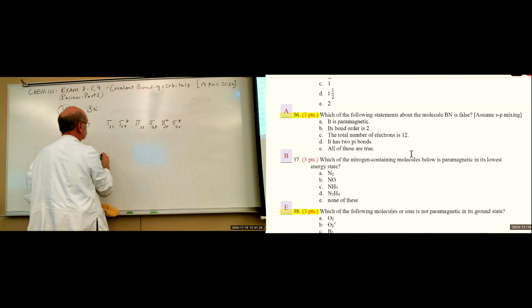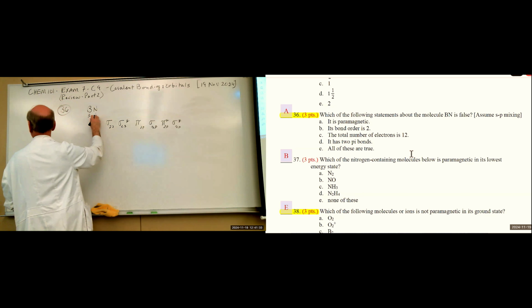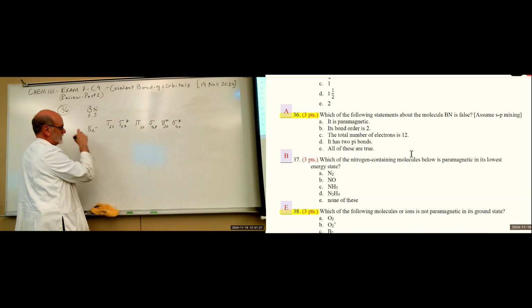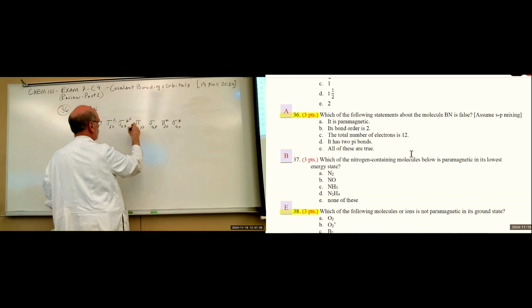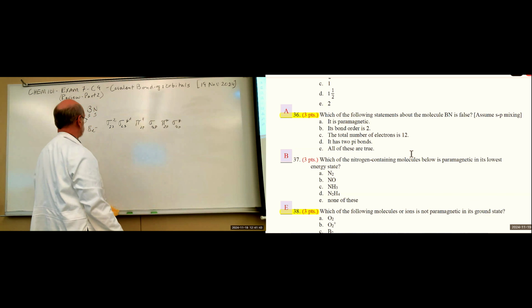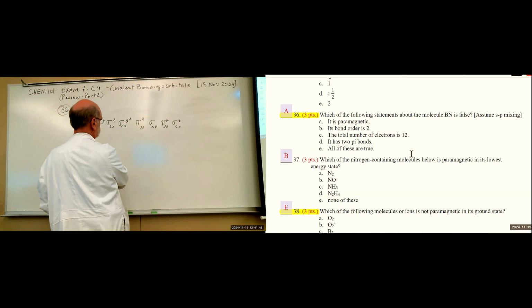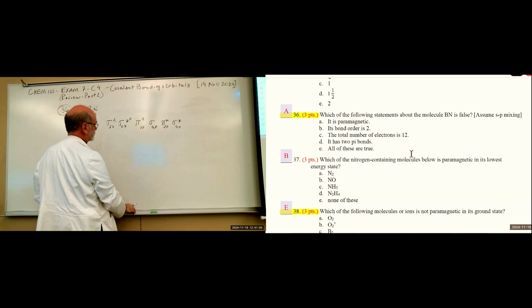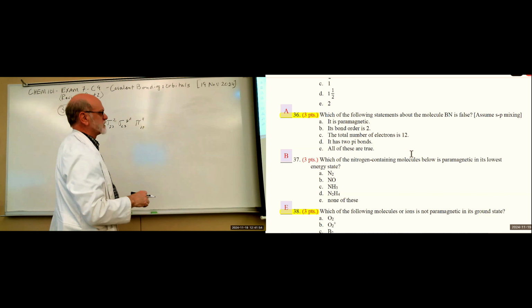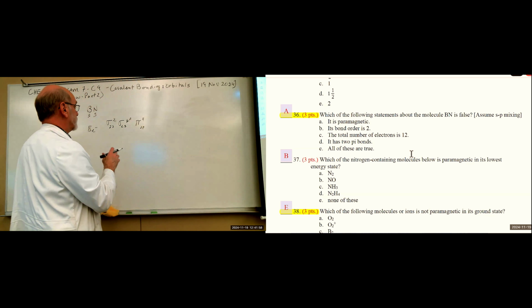Okay, so boron has 3 electrons, nitrogen has 5, so we have 8 electrons total. 2, 4, and 4 is 8, right? I did that right. Okay, now what's the question? Oh, okay.